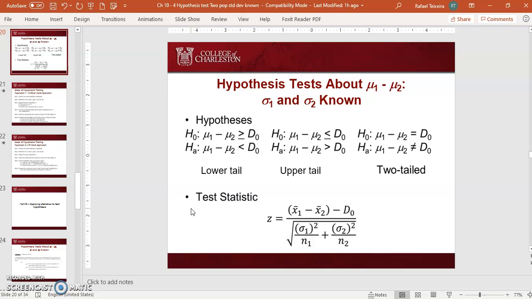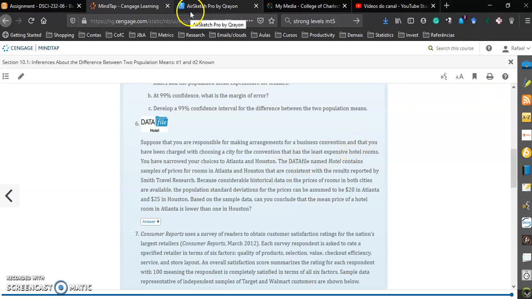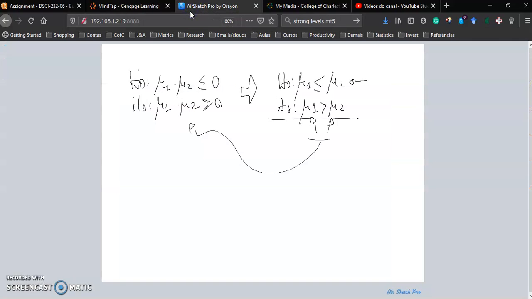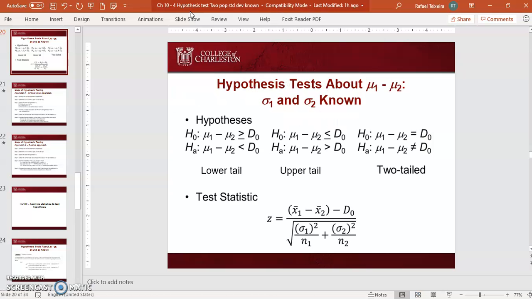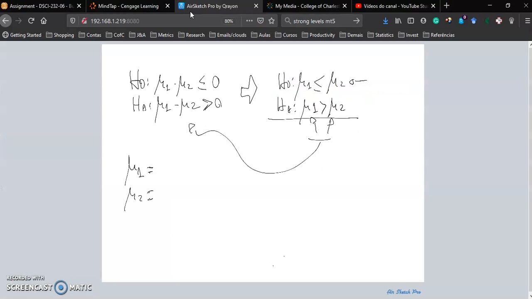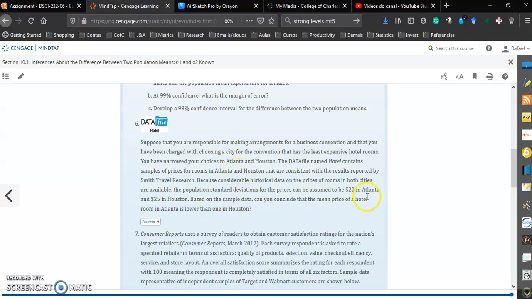Okay, so let's call mu in Atlanta 1 and mu in Houston 2. Okay, so the mean in Houston and the mean in Atlanta, what we have is, okay, we have to use the data.